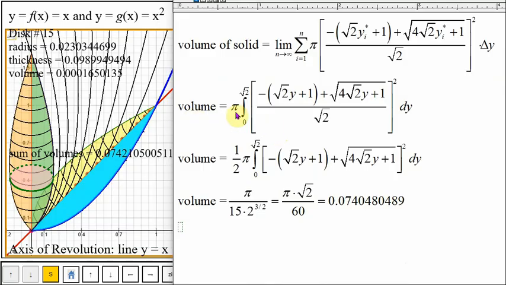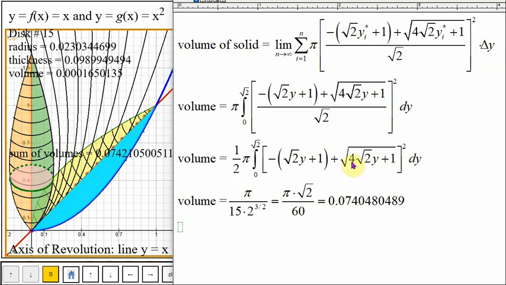And now let's evaluate this definite integral right here. Here I have the square root of 2 squared, and so we get 1/2 times pi, and then this expression right in here. Now to evaluate this integral, we can use the u-substitution method.